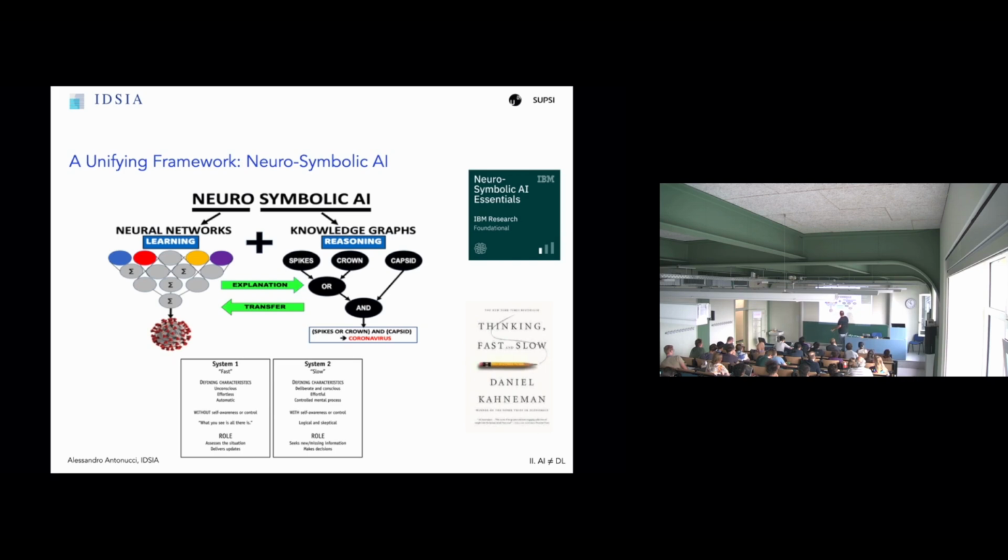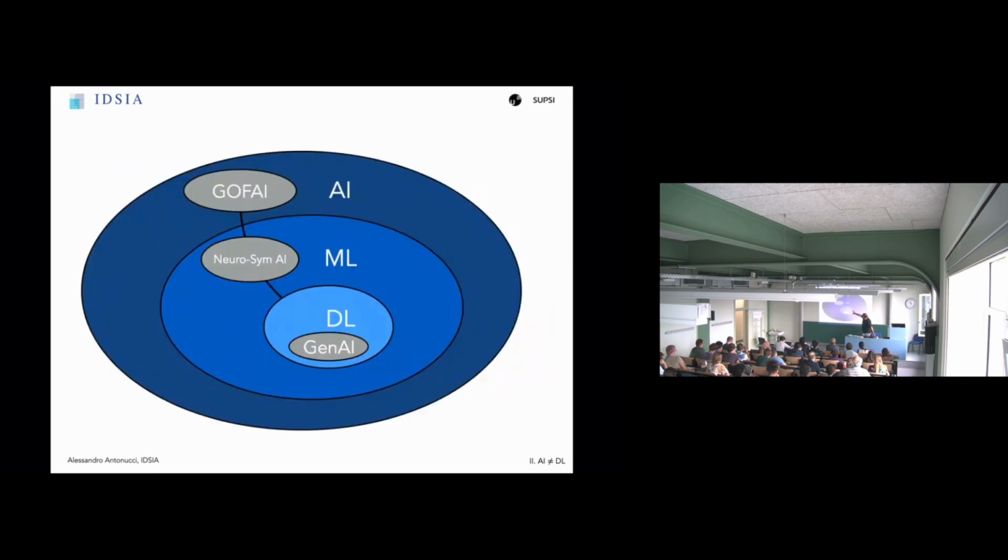So the idea, a very interesting and relatively popular paradigm by IBM people, is merging the neural part and the symbolic part in a coherent framework. What causality is doing is also in the same spirit. Somehow we have to find a compromise between symbolic AI and deep learning to have better models.